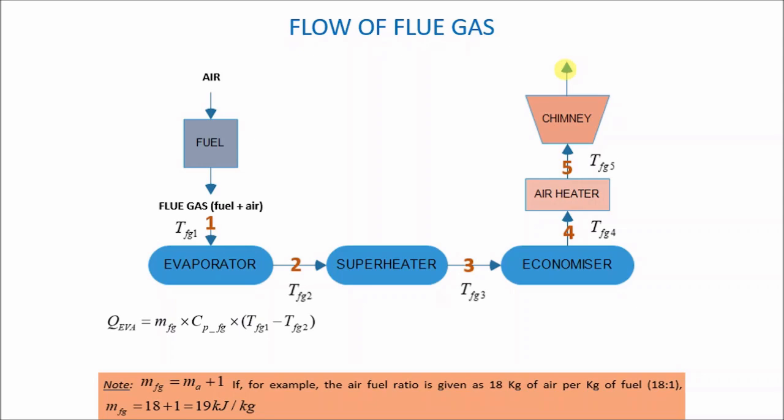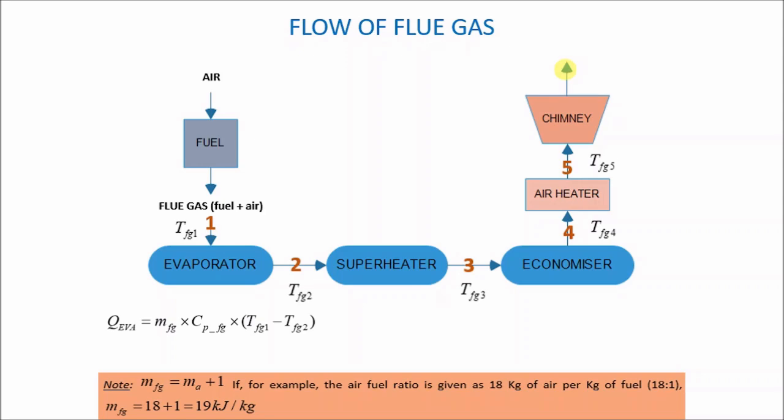So one mistake that I see many students make is that they sometimes use Cp of superheated steam in the equation for the flue gas. That is a terrible mistake, okay? When you are dealing with the equation where you are using the mass of the flue gas and the temperature of the flue gas to find the heat absorbed by the evaporator or the superheater or the economizer, the Cp that you need to use in that equation is that of the flue gas.